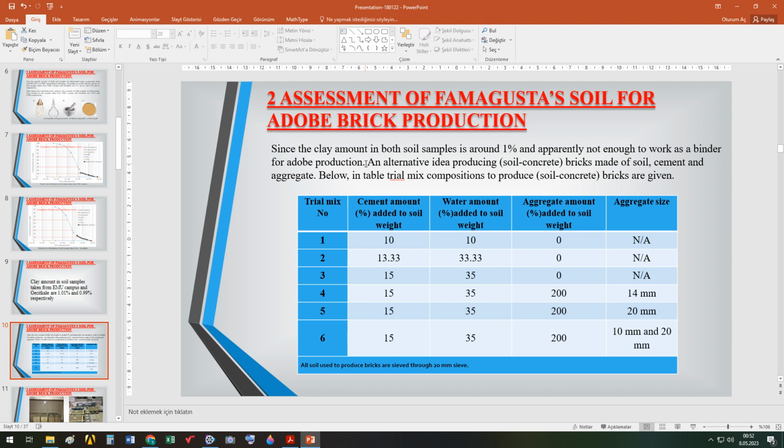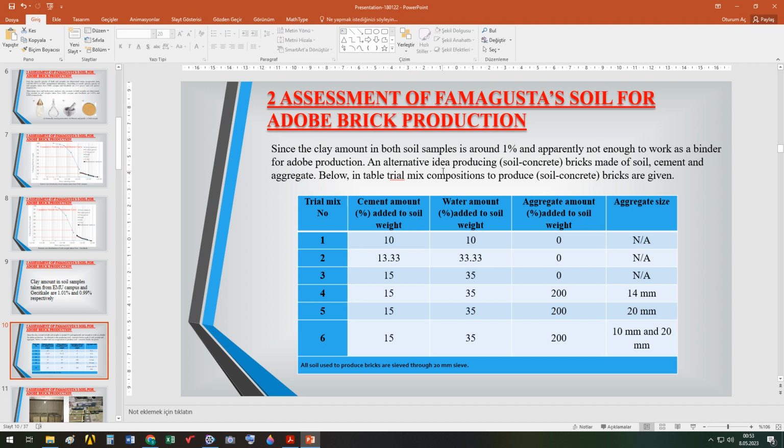In ancient years, people used mud, and the clay amount in this mud plays the binder role to bind the soil bricks to each other. Also, the tensile strength of the soil bricks is determined by its binder. That's why its amount is important.